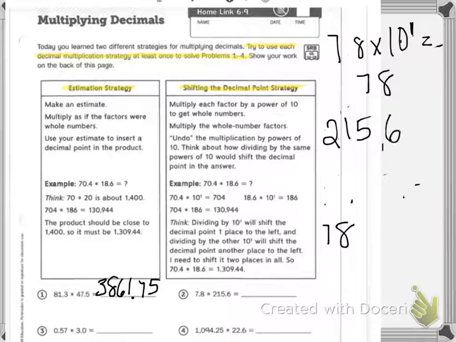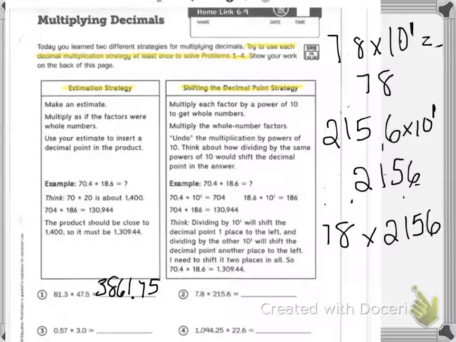215 and 6/10 times 10 to the first equals 2,156. So 78 times 2,156 equals 168,168. Because I moved my decimal to the first power twice, I need to divide by 10 to the first.